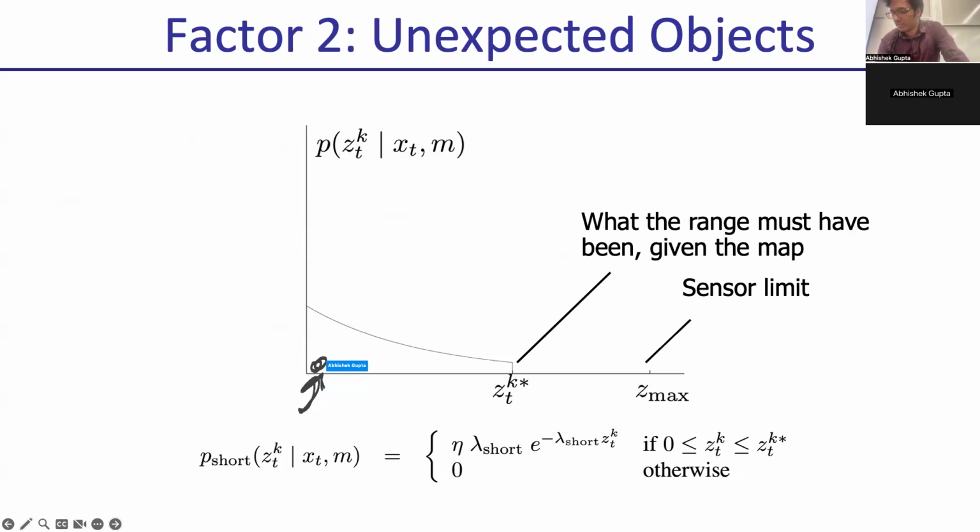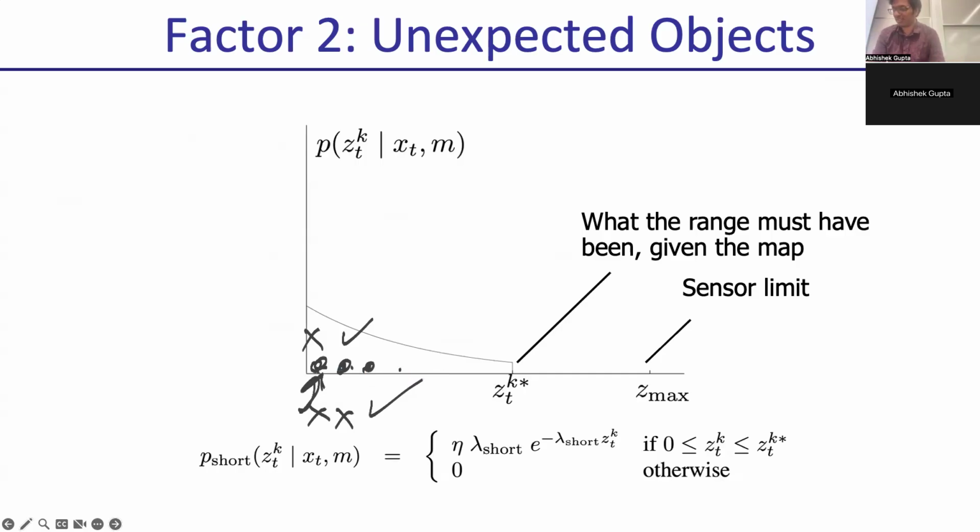If I need to get a sensor reading of 2, I need to have no obstacle here and an obstacle here. And to get a sensor reading of 3, I have to have no obstacle here, no obstacle here, and an obstacle here. You can see that the probability will keep decreasing, because you need all of these to be clear, and then you have to have an obstacle.